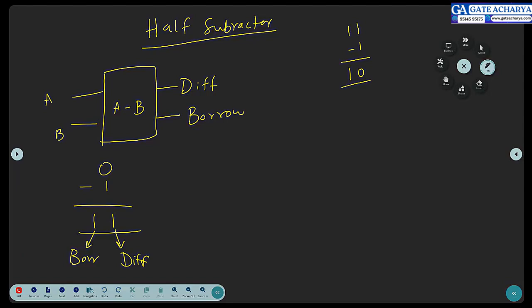அதனால அந்த வேர்டே பாருங்களேன், difference between 2 bits. Do you need to borrow to subtract? Yes na 1.